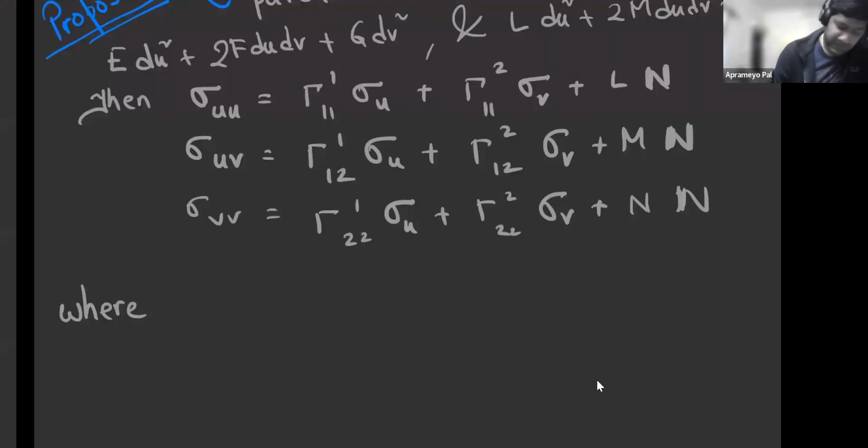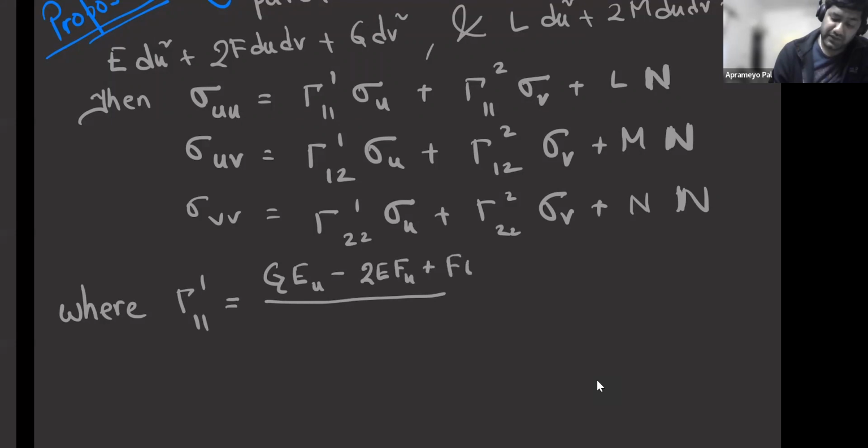So where gamma 1 1 1 is given by G E u minus 2 F F u plus F E v, over 2 times E G minus F square. And you should think of this E G minus F square as a kind of determinant, right?